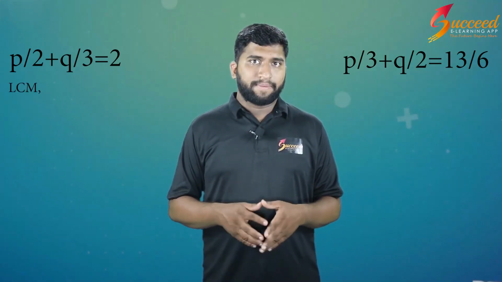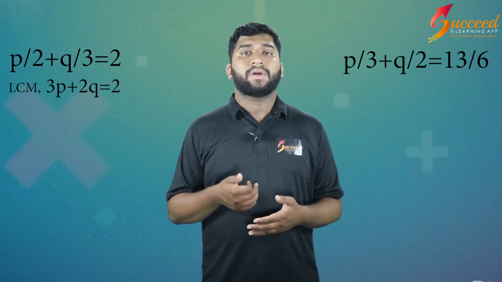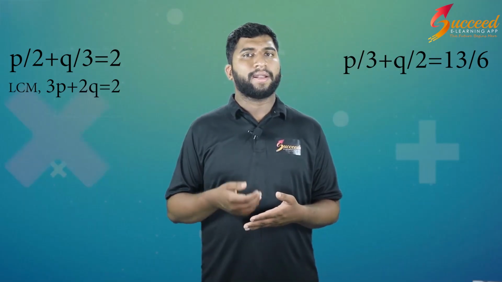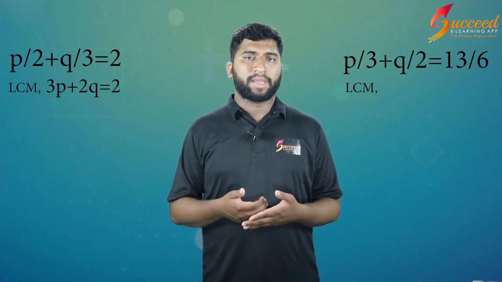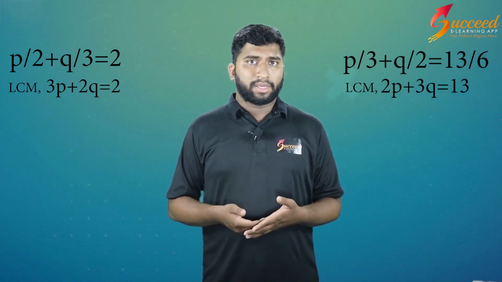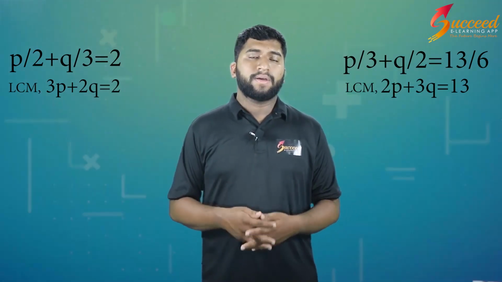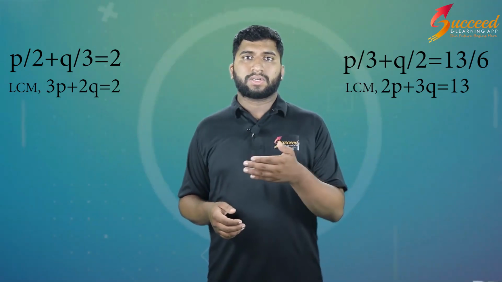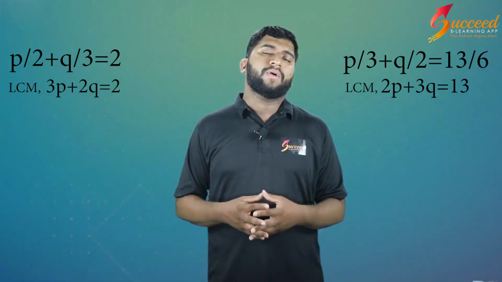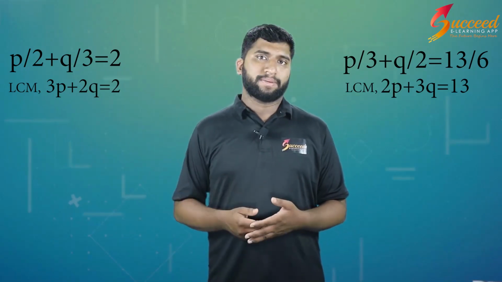After taking the LCM, we get 3p plus 2q is equal to 12, and our other equation becomes 2p plus 3q is equal to 13. So our two equations are 3p plus 2q is equal to 12 and 2p plus 3q is equal to 13. Now we have to solve these two equations using the elimination method.